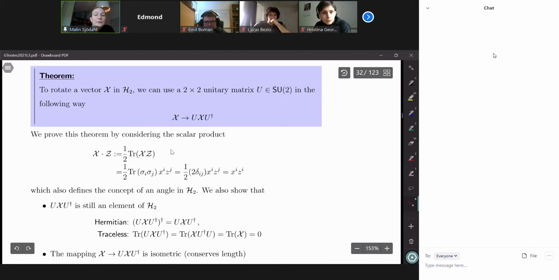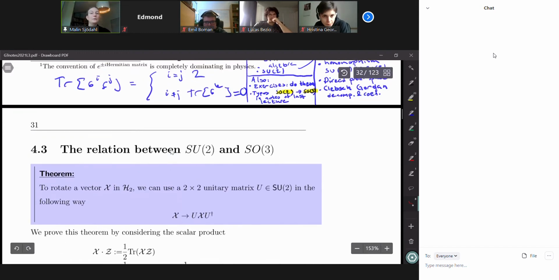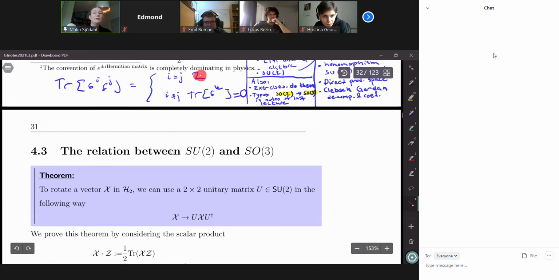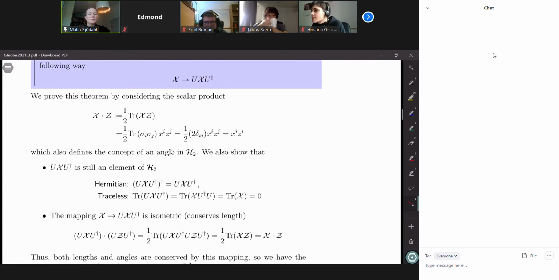The scalar product is defined as 1/2 trace x times z. By the way, this factor of 1/2 standing here, it is of course to compensate for this factor of 2 up here, that trace sigma i squared is 2. Okay, so it's this thing.